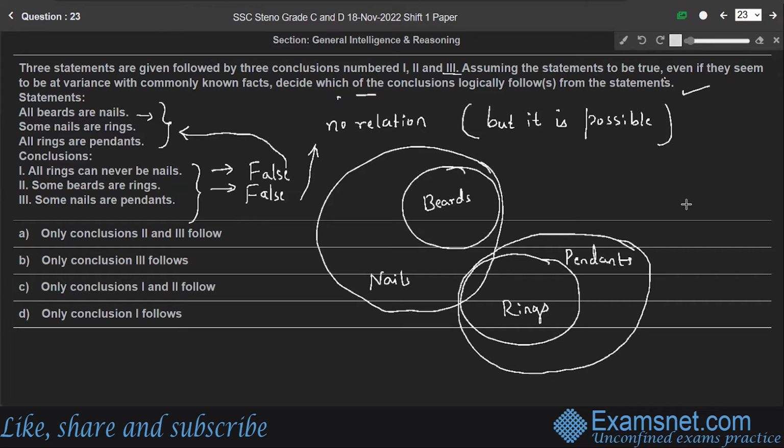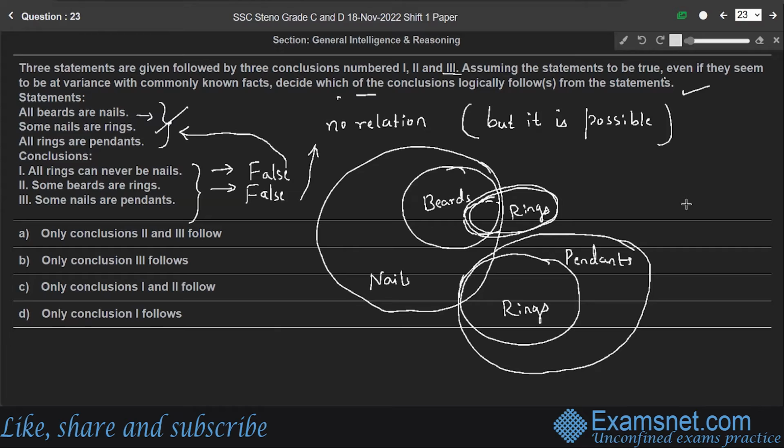So according to the statement, all beards are nails, right? So here, all rings are pendants, which is also some nails are rings. Some portion of nails are rings. If you consider the portion of nails in the beard part, if you consider here the set of rings, then the condition some nails are rings will get satisfied.